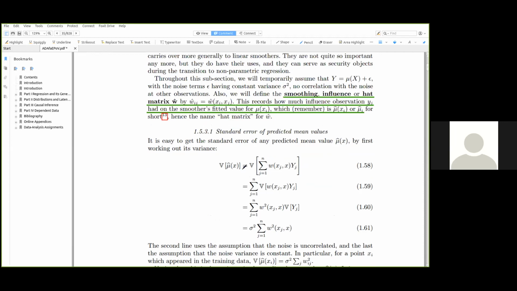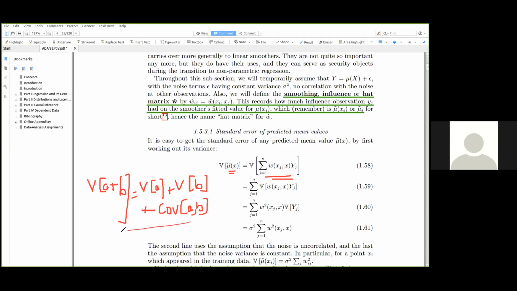Okay, so this is the formula we saw: mu hat of x is equal to this thing. If you want to calculate the variance of mu hat of x, we use the formula that variance of a plus b is equal to variance of a plus variance of b plus covariance of a comma b.